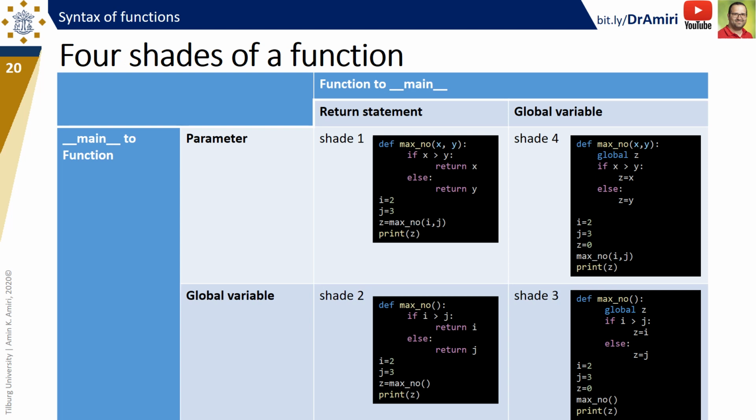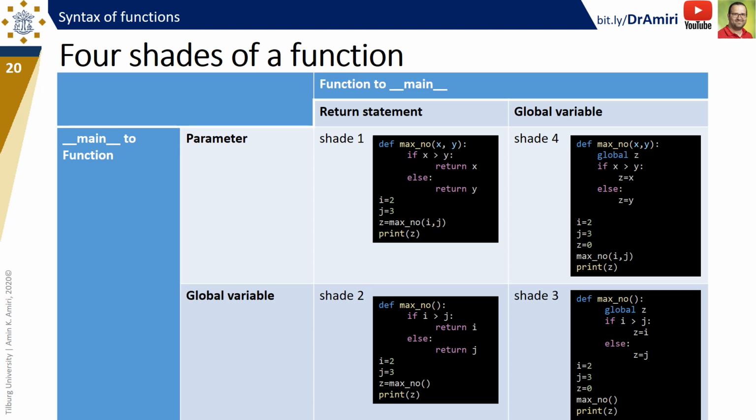So to give you a review of what we learned here, the main body can pass on values to a function using parameters, x and y, or using global variables. That means i and j are directly used inside the function.